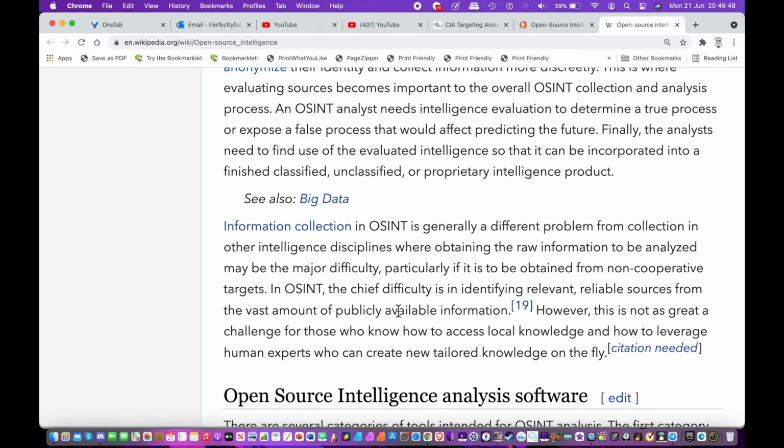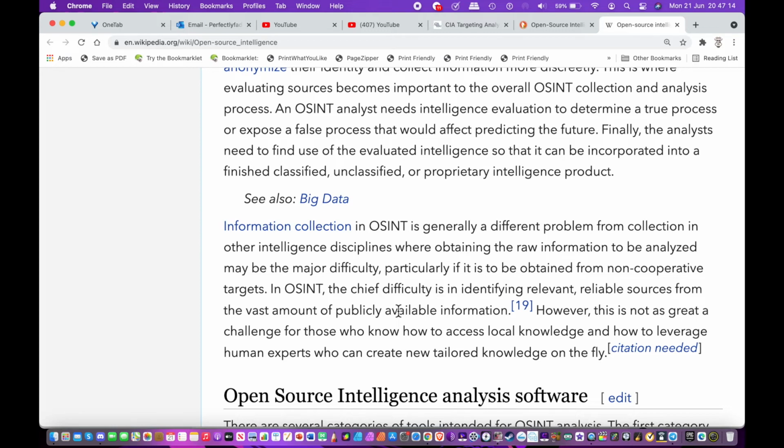Okay. Information collection in OSINT is generally a different problem from collection in other intelligence disciplines, where obtaining the raw information to be analyzed may be the major difficulty, particularly if it is to be obtained from non-cooperative targets.